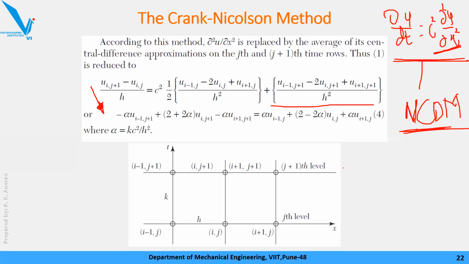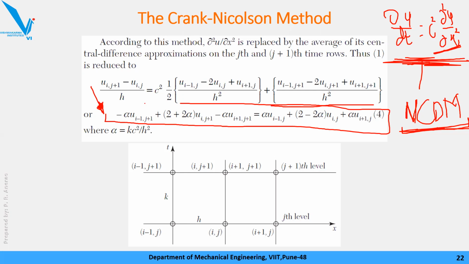Now Newton's interpolation methods are of three types: forward difference method, which we learned, and the ones we skipped, Newton's central difference method and backward difference method. So if you implement Newton's central difference method and solve this partial differential equation, ultimately you are going to come across this kind of equation.